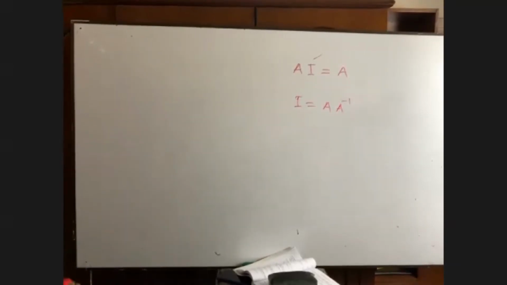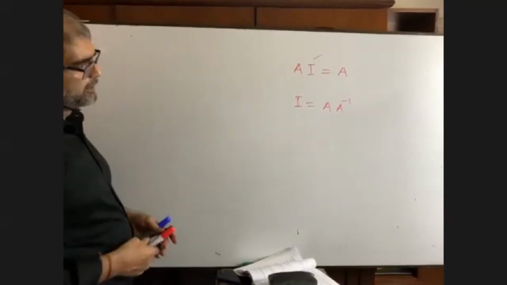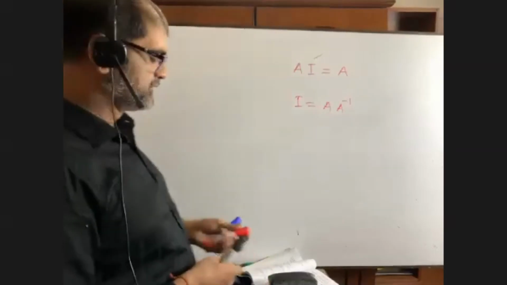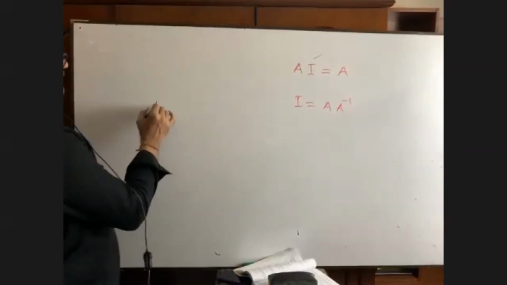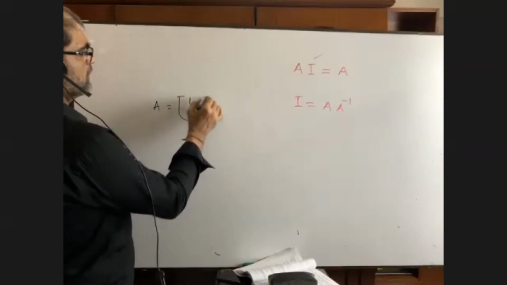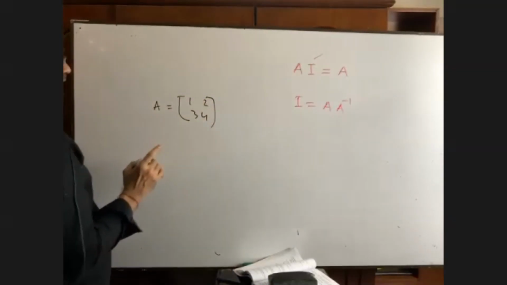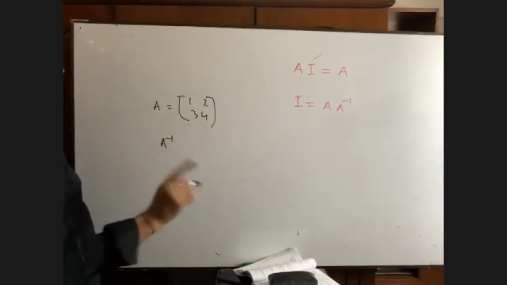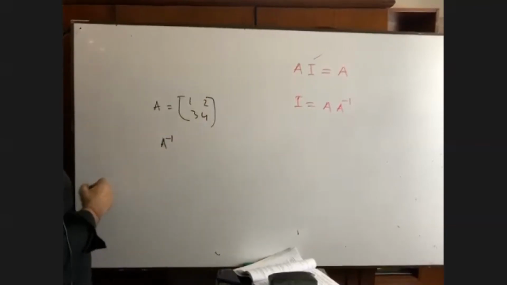Hello. Now you see. So we are getting this identity equals to A inverse. Suppose A is 1, 2, 3, 4. I'll try my level best to make you understand what is A inverse, but not now. It is in the second chapter, how to find the inverse matrix.